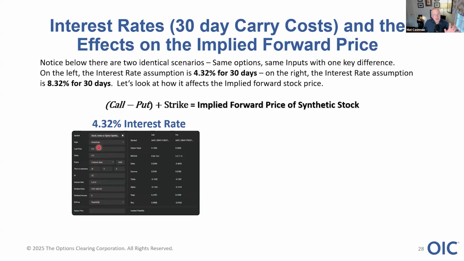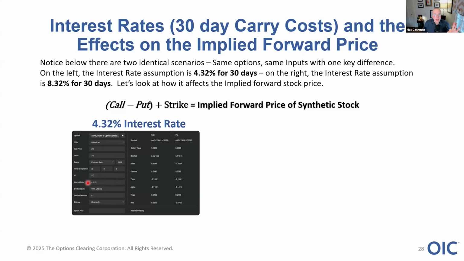I want you to pay attention to the fact that I've created this with the stock price at 215 and the strike price at 215, 30 days to expiration. The implied vol is the same on both of them. I've also not put dividends in this example because we're going to talk about dividends in a second. The only difference between these two examples is the interest rate, 4.32%.